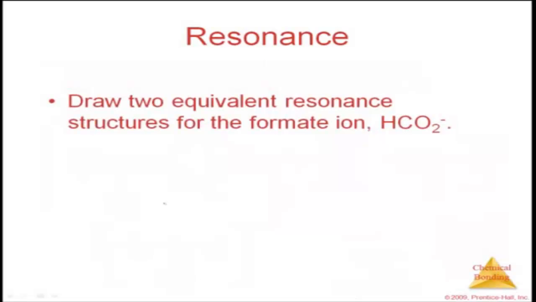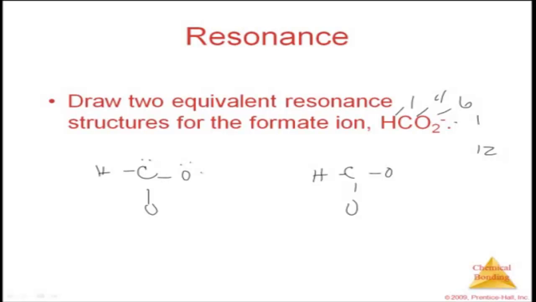Alright, so let's draw 2 equivalent structures for the formate ion. So I have carbon, the least electronegative, in the center, O and O, C, O, O, H. And I have 1 electron, 4 electrons, 6 electrons, and this is 1 electron. I have 6 plus 6 is 12, so that's going to be 18.